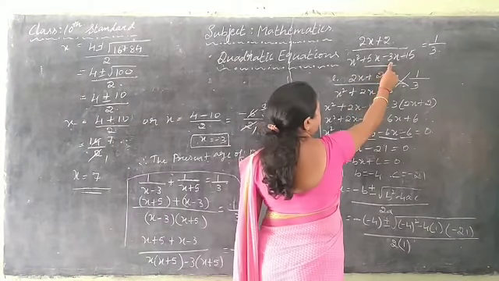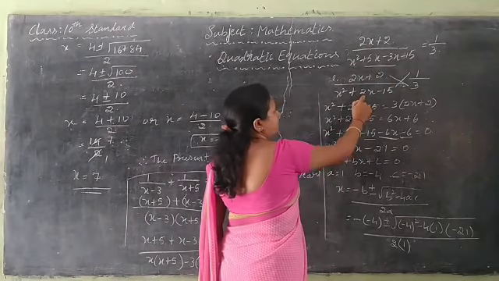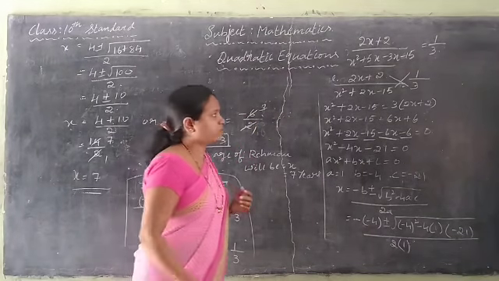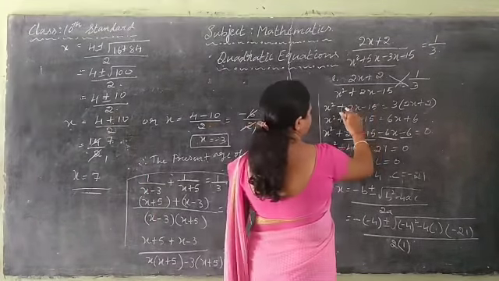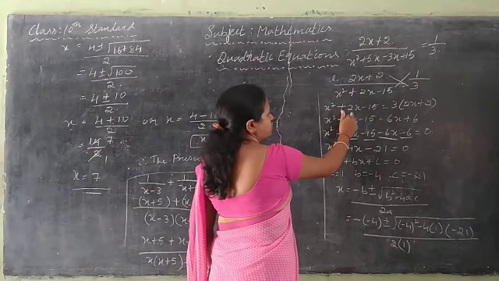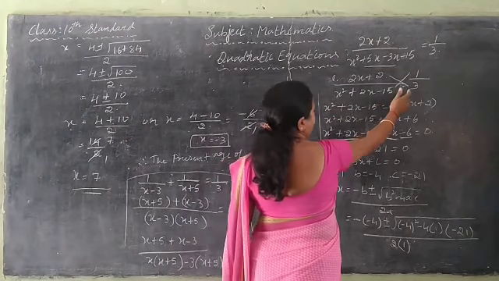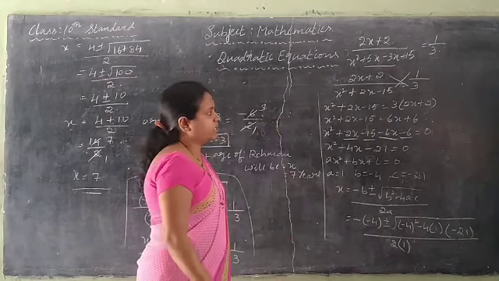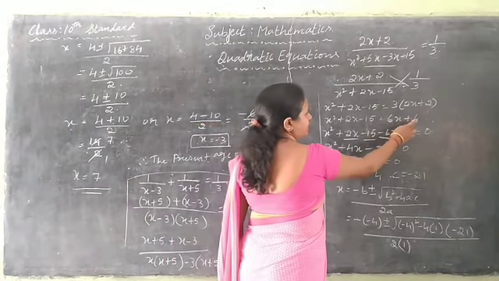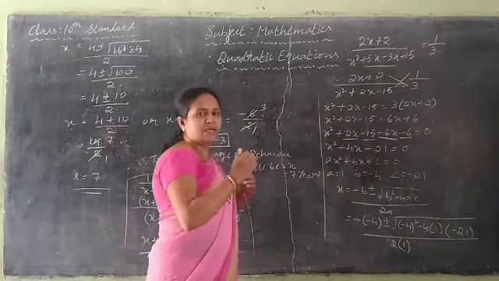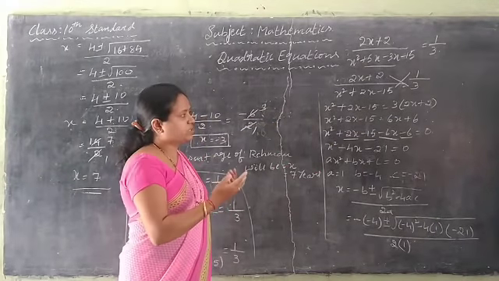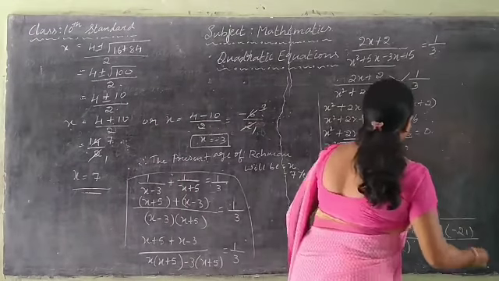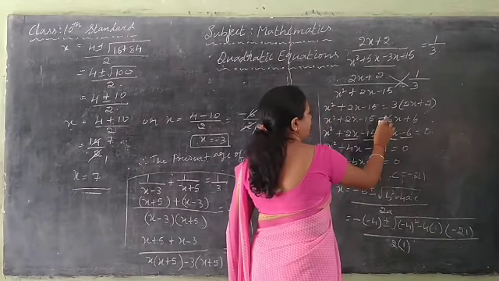So here we have to subtract minus 3x from 5x, then we will get 2x. Right. Then we have to go for cross multiplication. So after cross multiplication, x square plus 2x minus 15, children, here 3 into 2x plus 2. So when you multiply by 3, we will get 6x plus 6. In the next step, we are going to transfer plus 6x and plus 6 to the left hand side, children.